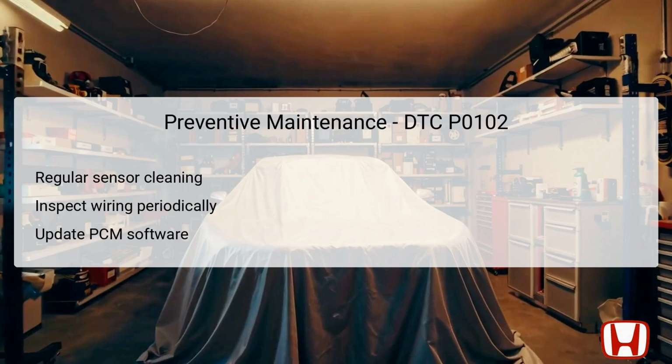Preventive maintenance is crucial in reducing the likelihood of DTC P0102 occurring again. Regularly cleaning the MAF sensor can prevent contamination that leads to voltage discrepancies, thus maintaining sensor accuracy in measuring airflow. Periodically inspect the wiring connected to the MAF sensor to catch any wear, corrosion, or damage early on, which may cause shorts or opens.